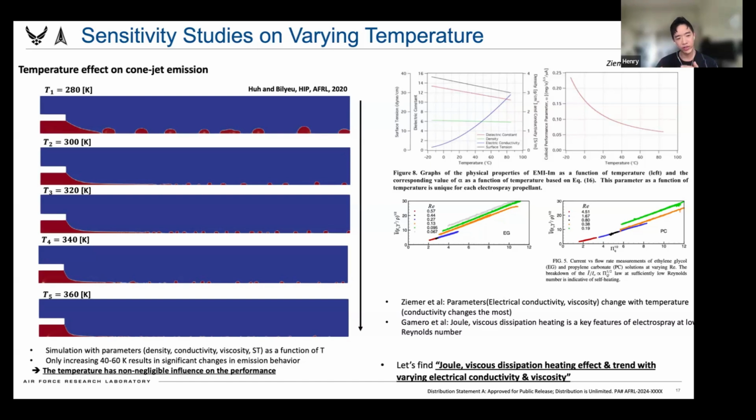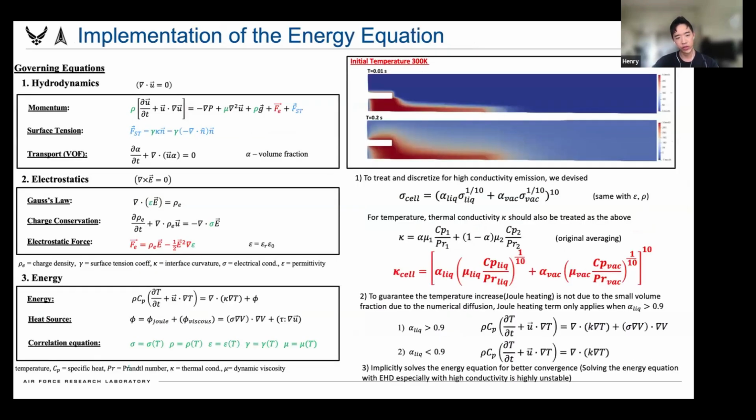And even in that small range, we can see from the model that the performance is very different from the 280 Kelvin case. To analyze that, we implemented the energy equation into our two sets of governing equations. In this case, we also made the electrical conductivity self-consistently dependent on temperature, along with density, permittivity, surface tension, and viscosity.